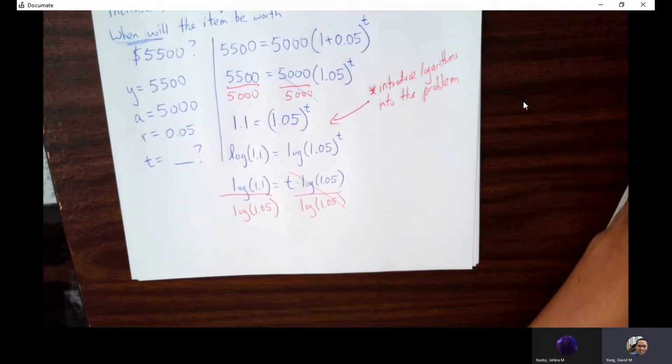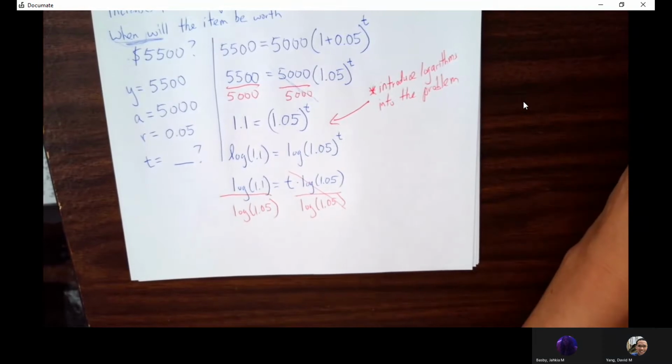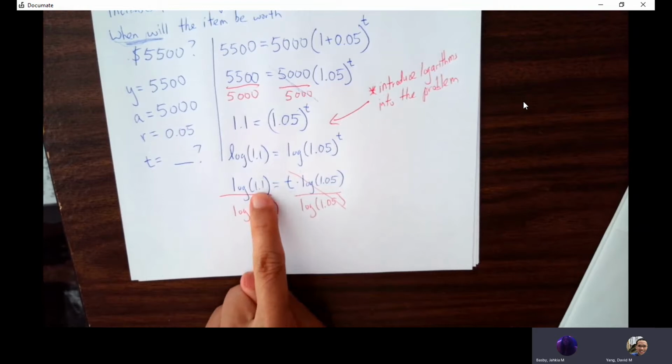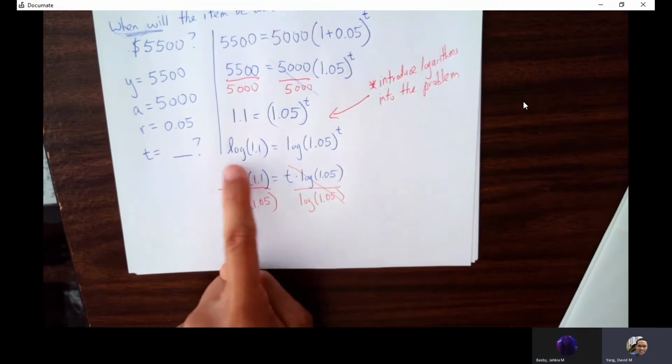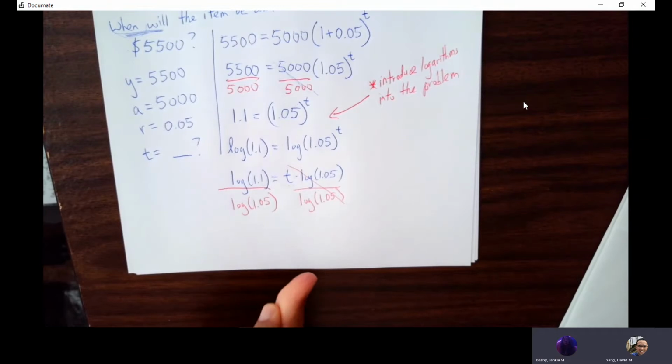So I think you're going to have to hit 1.1 first and then hit that log button. Okay, you said hit 1 first. Yeah, do 1.1 first and then hit the log button. Okay, I got 0.041.